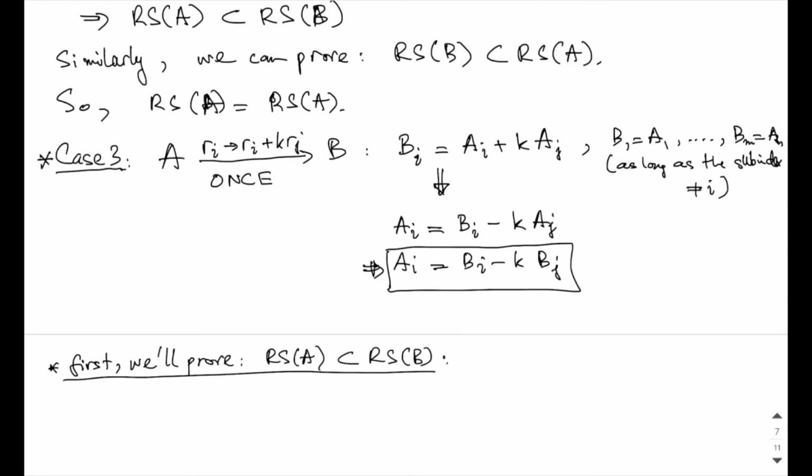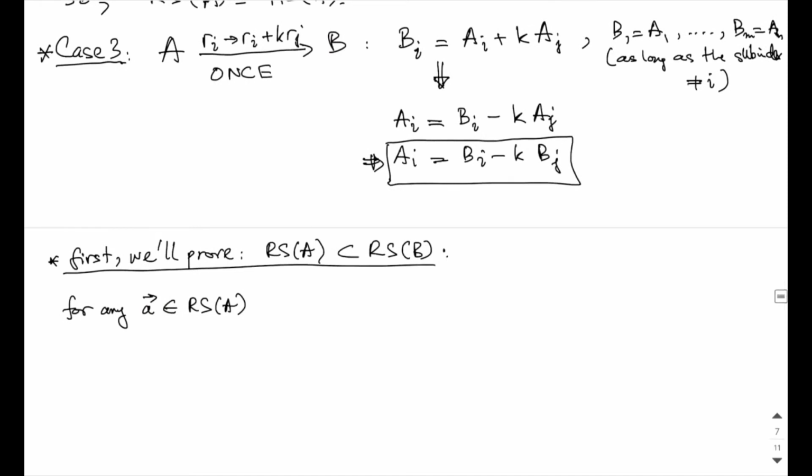All right, in order to do that, we'll start with any vector a that is arbitrary, not any specific one. Any vector a in the row space of A. We try to show that this vector a is also in the row space of B. Because it is in the row space of A, and row space of A is just the span of the rows of A, this is going to be a1 times the first row of A plus a2 times the second row of A plus dot dot dot.